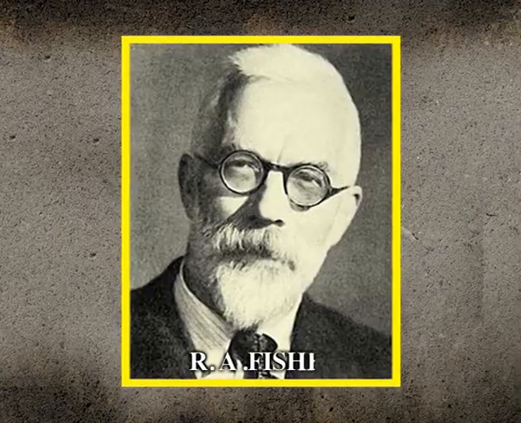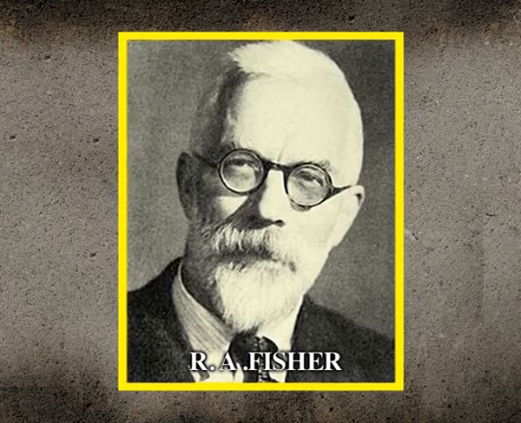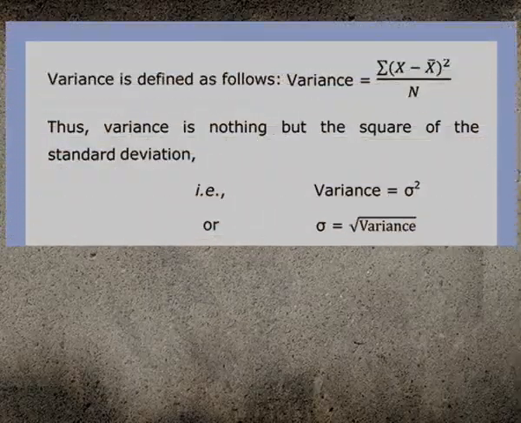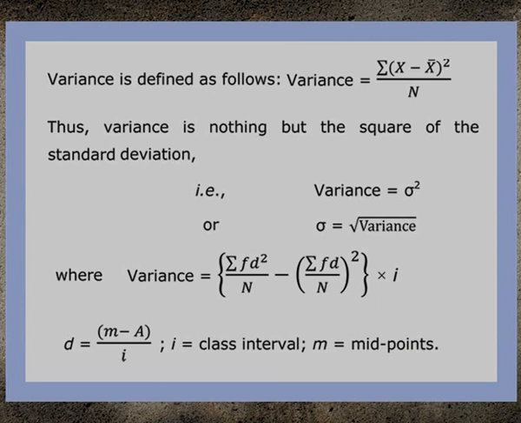The term variance was used to describe the square of standard deviation by R.A. Fisher in 1918. Variance is highly important in advanced work where it is possible to split the total into several parts, each attributable to one of the factors causing variation in the original series. Variance is defined as follows: variance is equal to sigma of x minus x bar square divided by n.